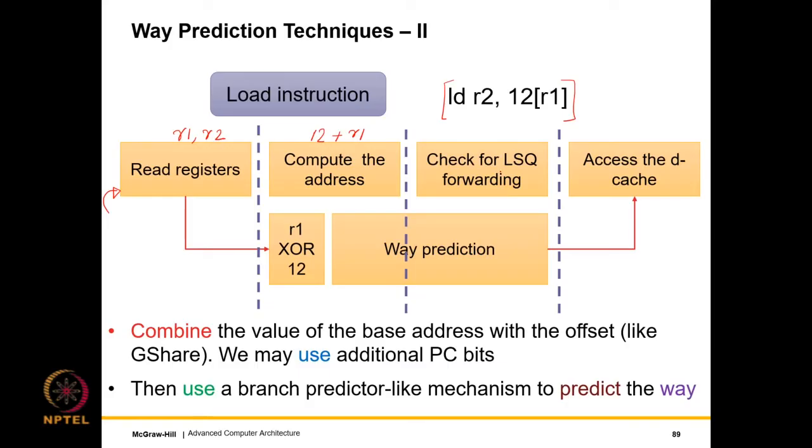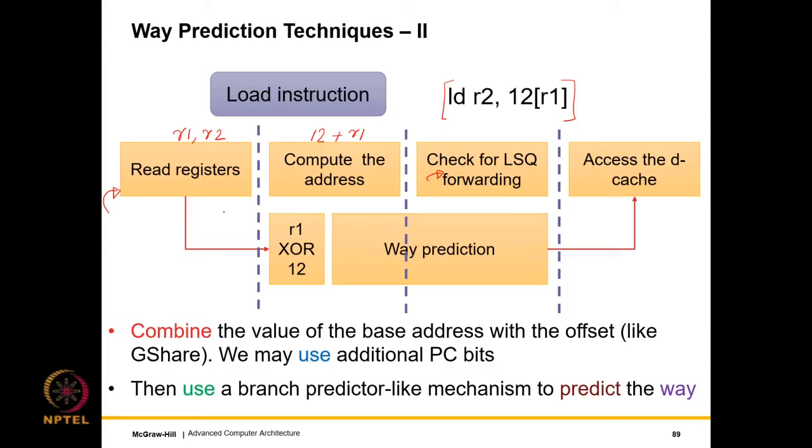But otherwise, if we are guaranteed that different virtual addresses will point to different physical addresses, we can use the virtual address to address the load store queue, and in parallel we can do the translation, right? I'm not showing that because I will show an optimization to this process a few slides later. But in any case, one cycle is definitely needed for load store queue forwarding, and then we access the D cache. And accessing the D cache itself can take multiple cycles.